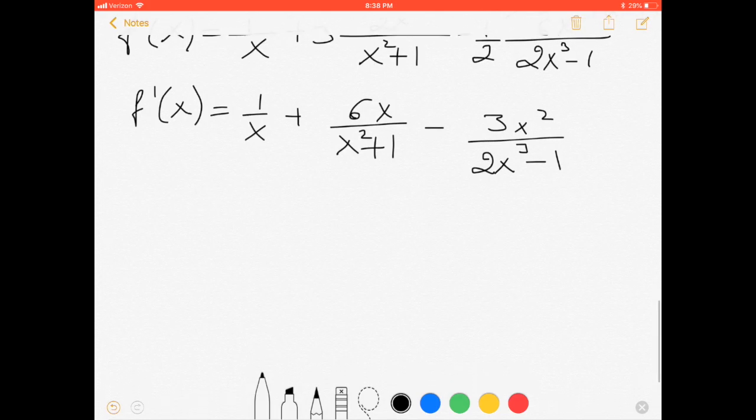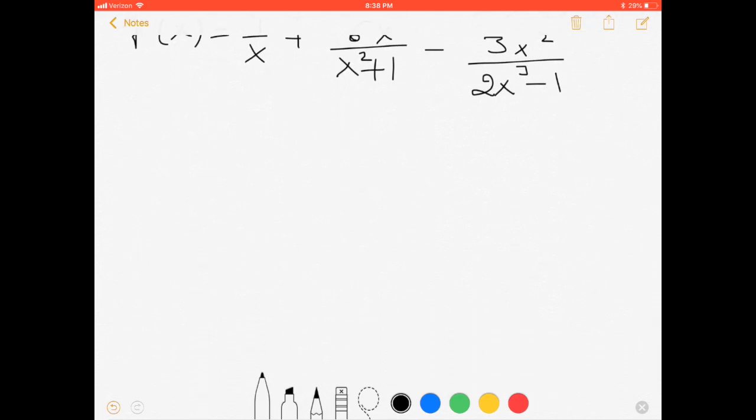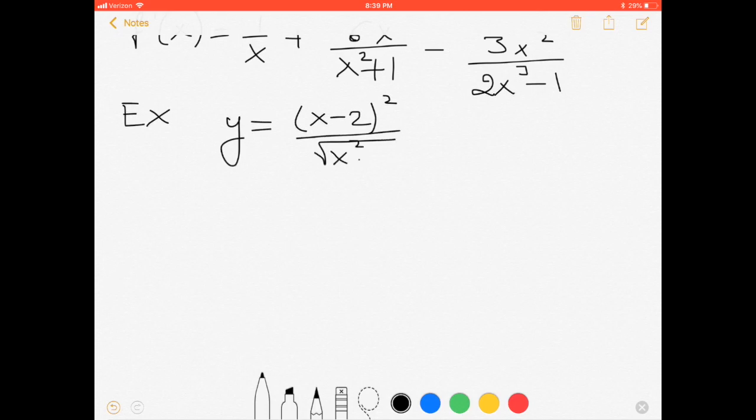Okay, one more example. How can we use logarithm to find the derivative of a function that doesn't have any logarithm? For example, here our function is something like this: x minus 2 squared over the square root of x squared plus 1.